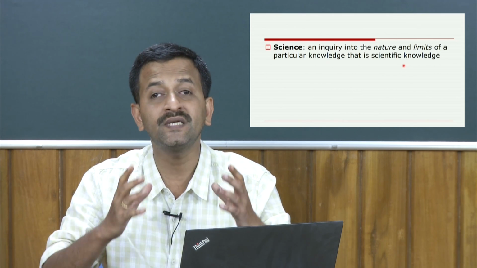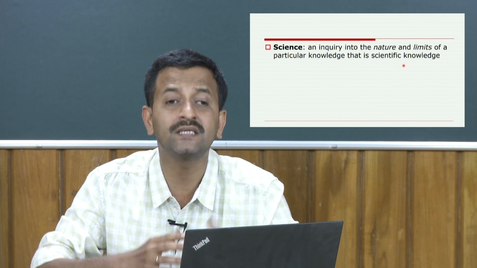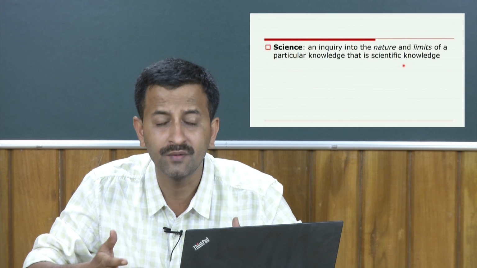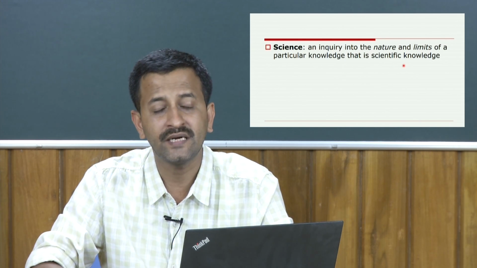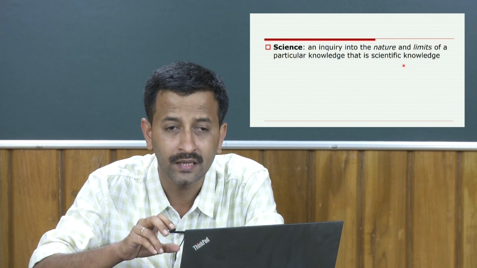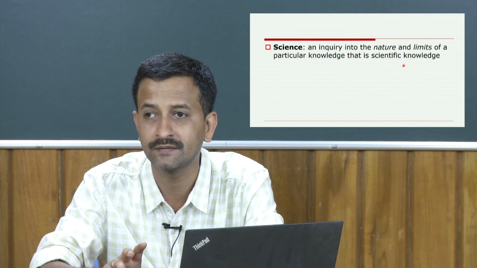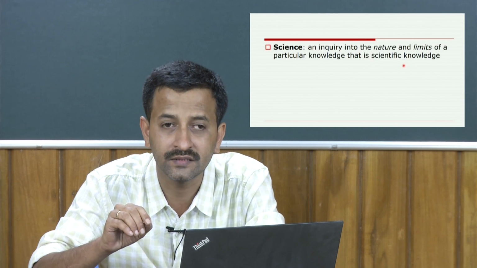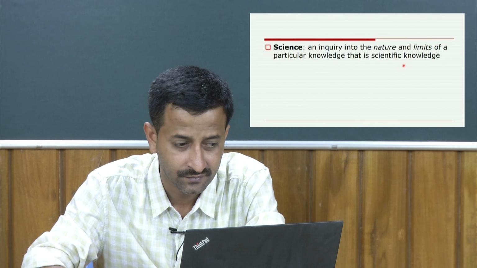Even a subset called Asian women can also depict many other subsets, such as Indian women, Chinese women, Japanese women, Pakistani women and so on. When I say women here, I pose some limiting conditions, not limitations. In this context, science is an inquiry into the nature and limits of a particular knowledge, that is scientific knowledge.